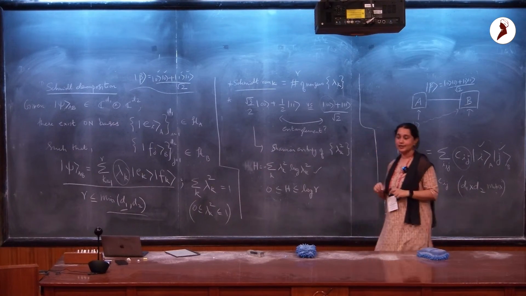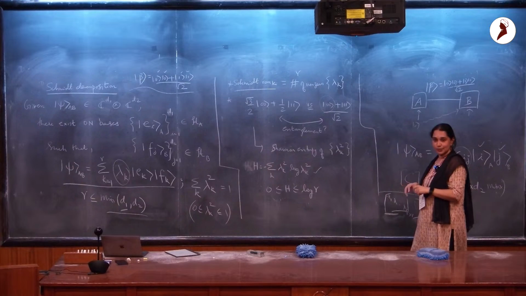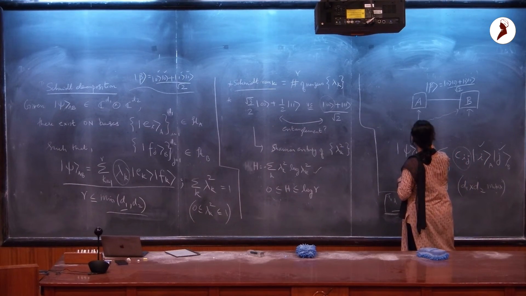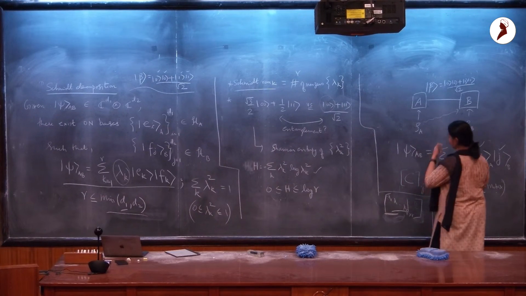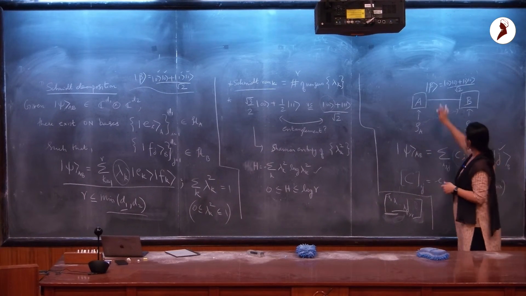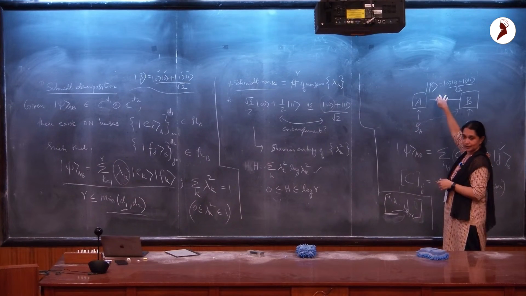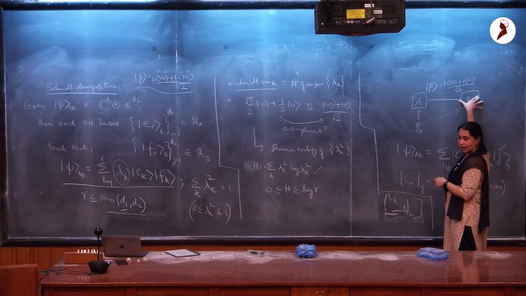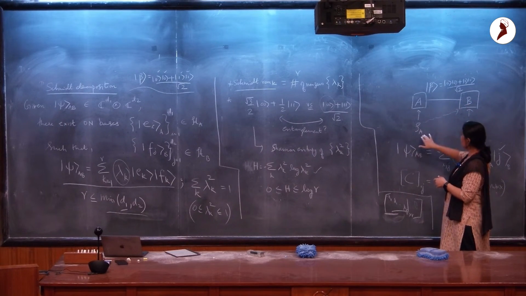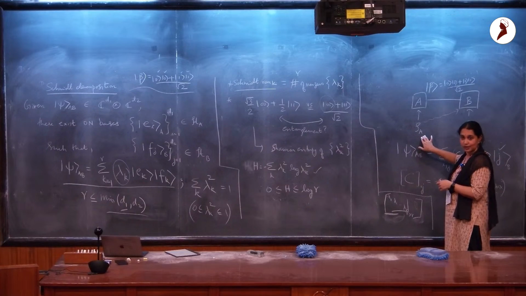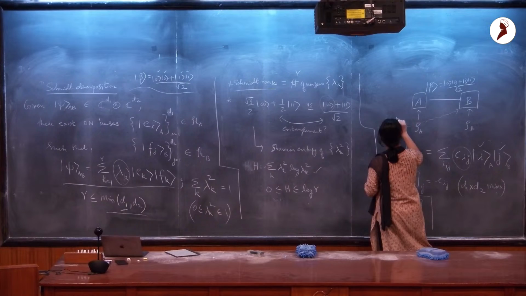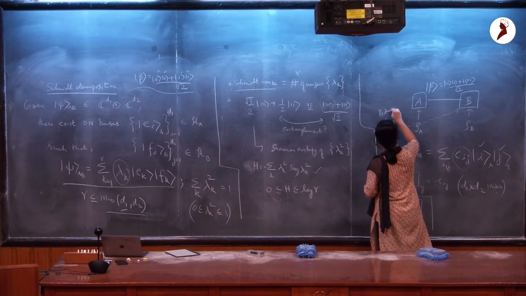So the answer is, you do have a local description of the state in terms of what is called a reduced density matrix. I can take this joint pure state and trace out subsystem B. I'm not going to get a pure local description, but I will get a mixed state local description.